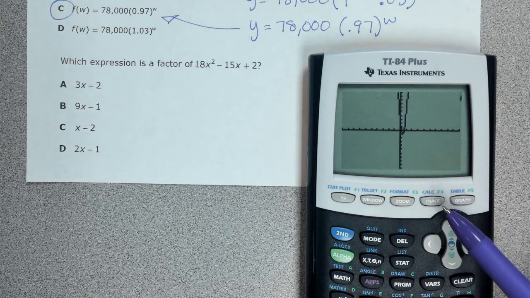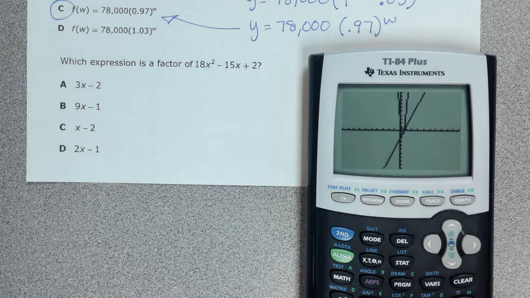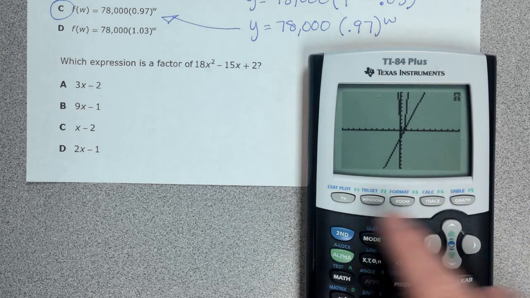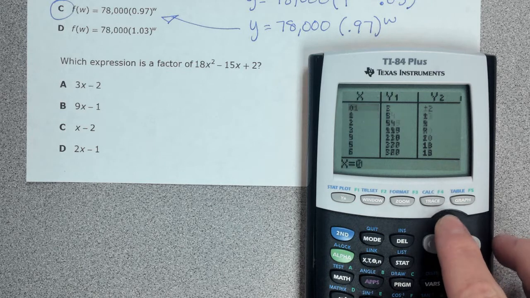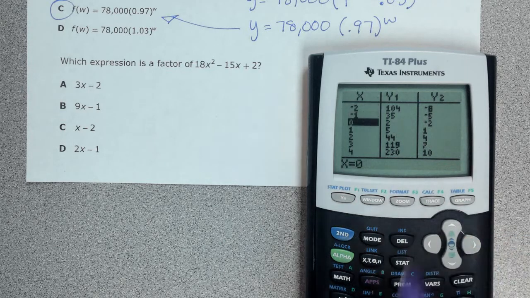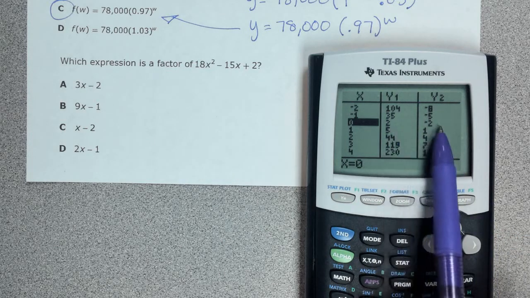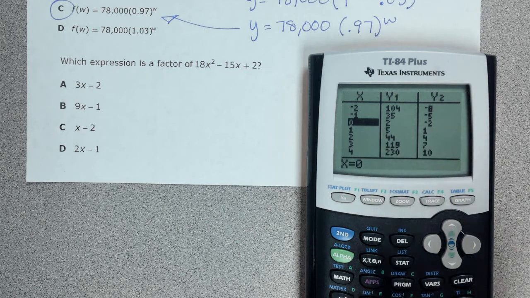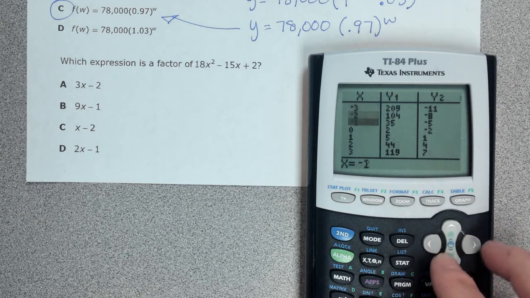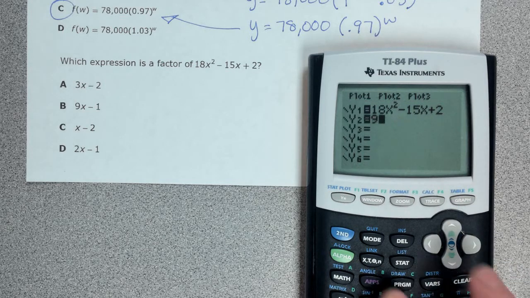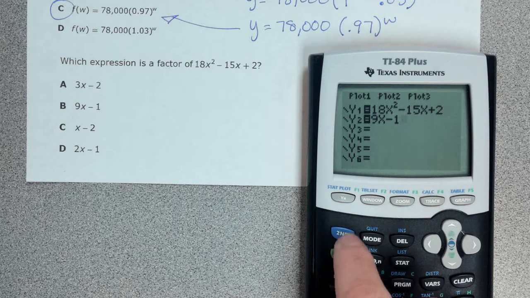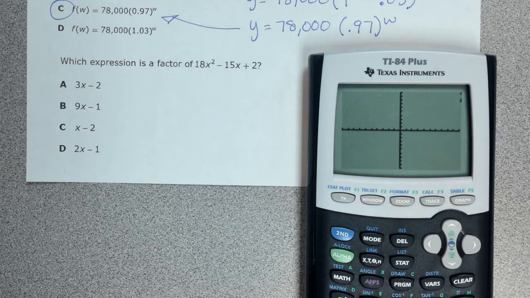So there's my original. There's my linear. It does match up. And I know it's super hard to see. So I'm going to go verify on my table. Where y is 0. Ooh, see, they don't. So let's keep looking. Let's try that again. 9x minus 1. Let's look at my graph again.